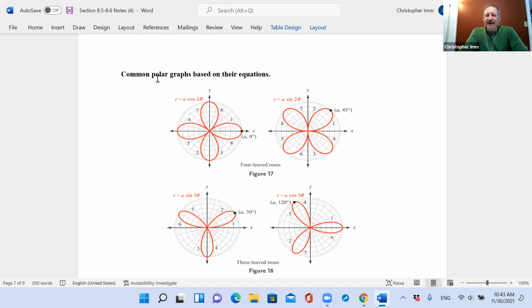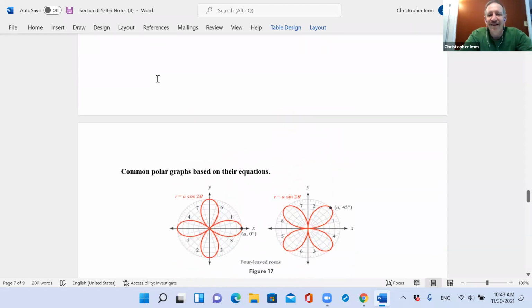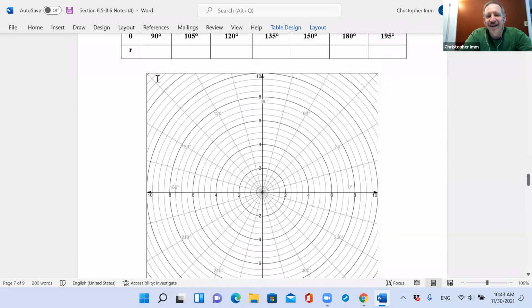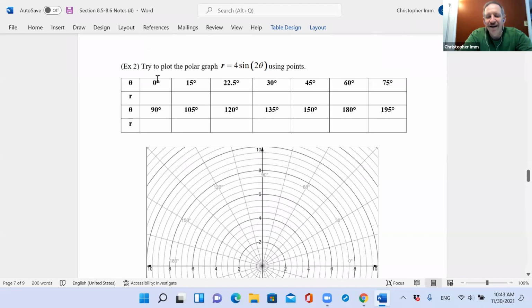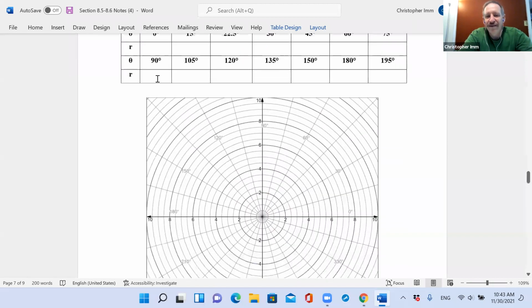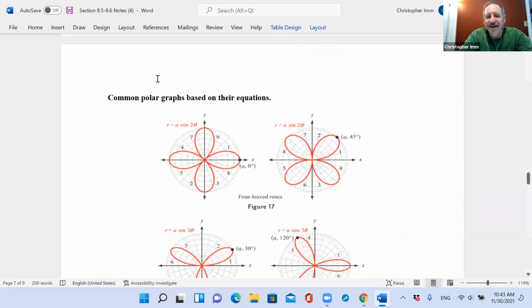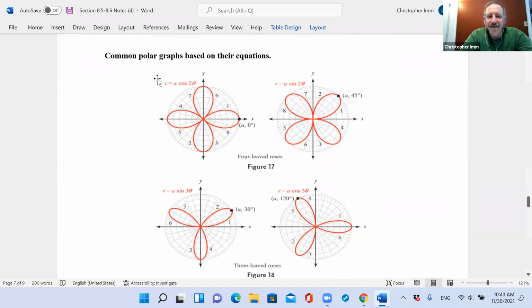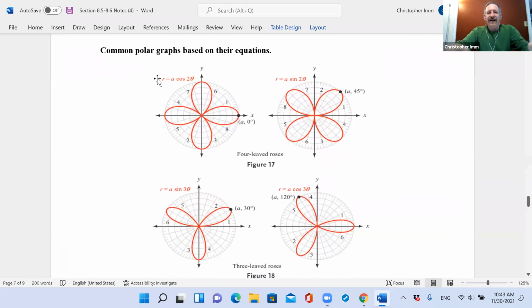Notice that this one is sort of weird, because doesn't that one look like the one that we just plotted on my calculator? 4 sine 2 theta. It looks to me like when you double that angle, we should get more of these rose graphs, but that's not what we got, was it?